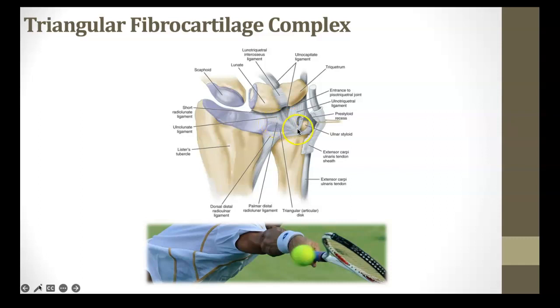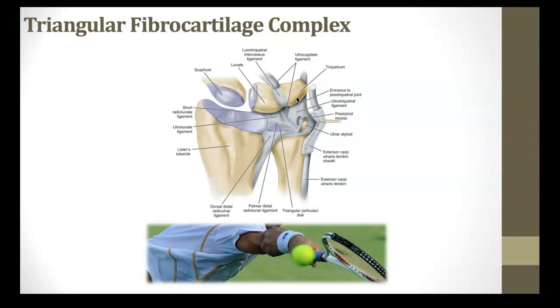So the palmar radial ulnar ligament and the dorsal radial ulnar ligament are really going to wrap themselves around the disc itself. But then what we also can see here, and here's where we get the connection between the triquetrum and the ulna, is the ulnar triquetral ligament, which will connect the most lateral side of the ulna to the triquetrum. So we can see that happening here.